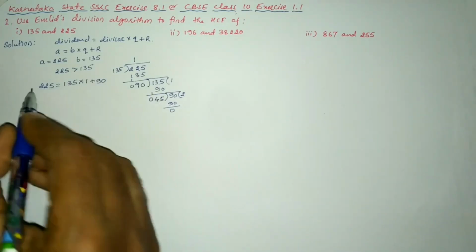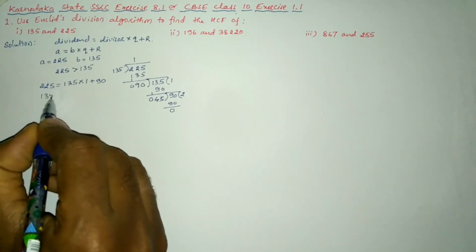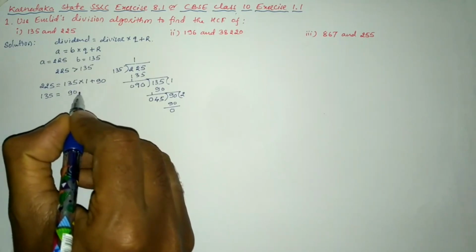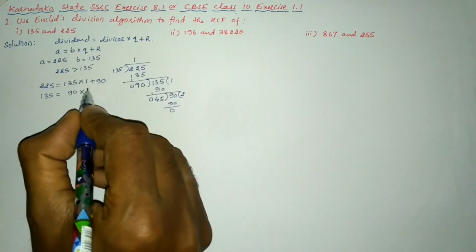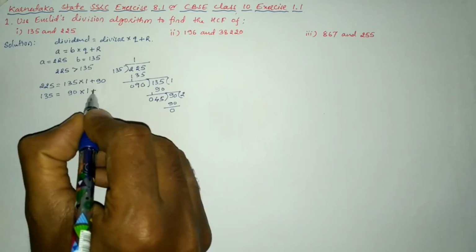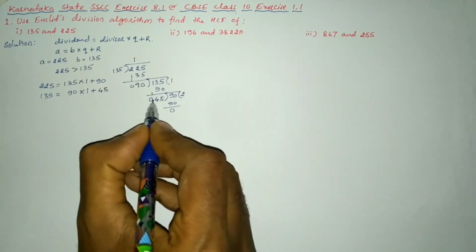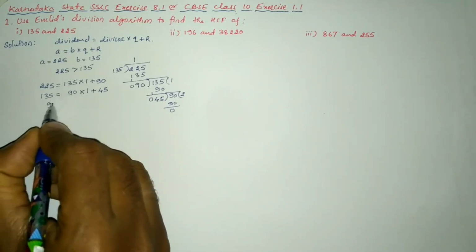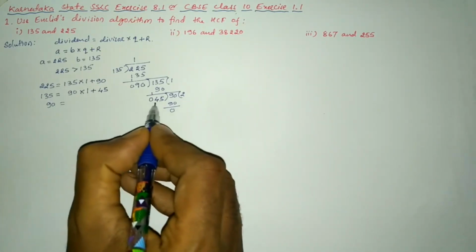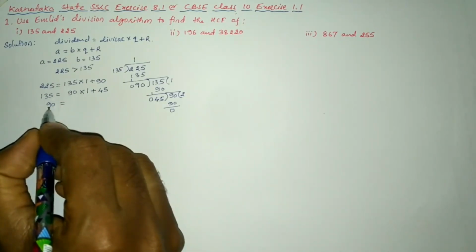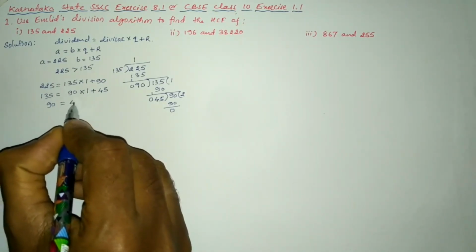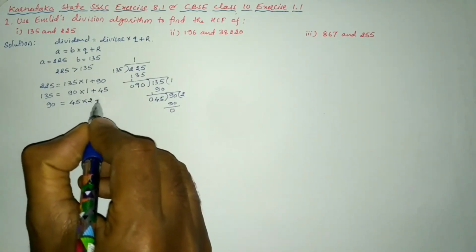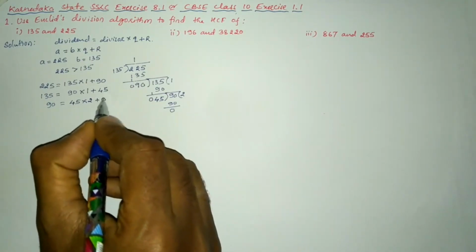Similarly, in the second step, we can write 135 as dividend, 90 as divisor into 1 is quotient and remainder is 45. And in the third step, we are going to write 90 is equal to, here 90 is dividend and divisor is 45 into quotient is 2 plus remainder is 0.